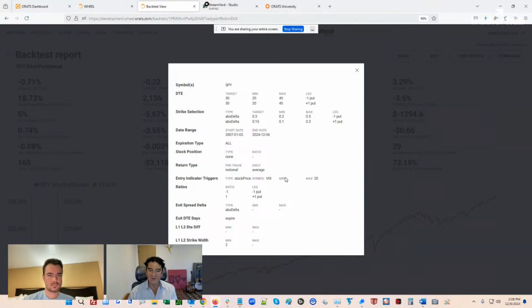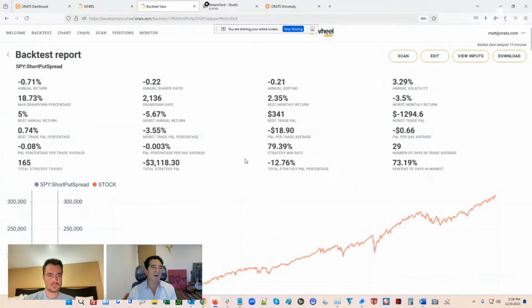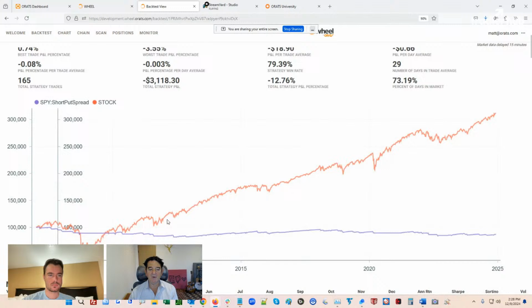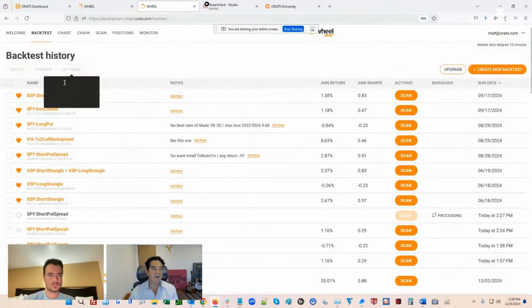You want to set some type of a minimum, because when you sell this particular put spread, you want to get enough value from it. And again, this is just the first step. I know people that have done thousands of these tests. So in this short put spread, you want to pay more attention to only doing it when the VIX is higher.